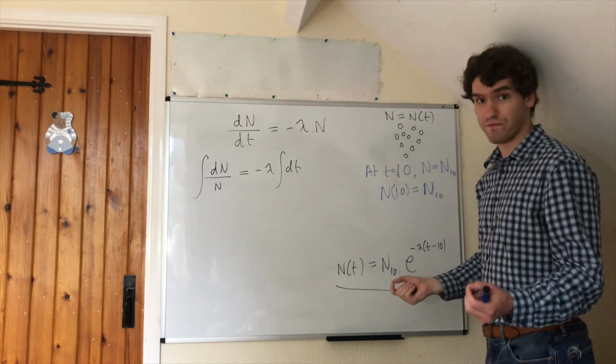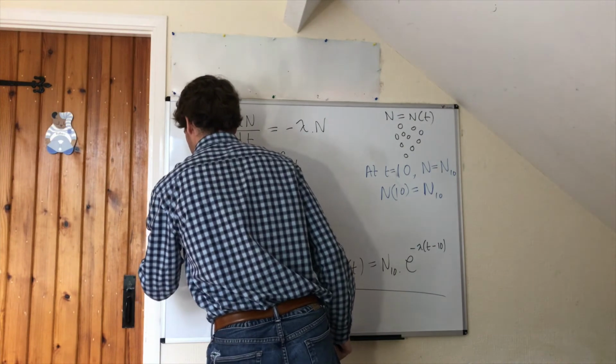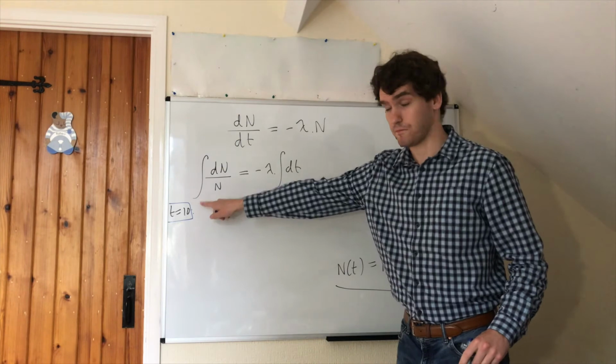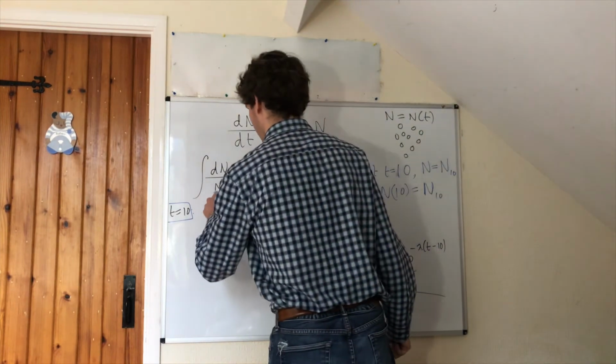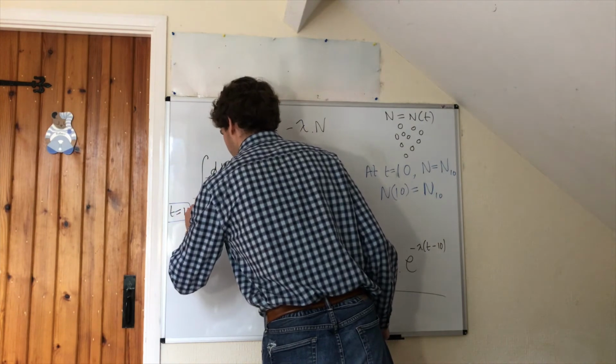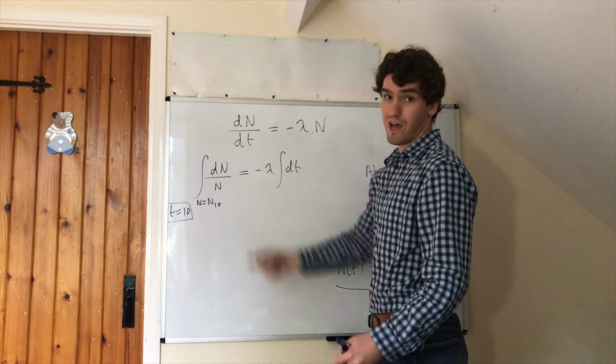So this is our known value, so this is what I'm going to put as the lower limit. So the lower limit, I'm going to evaluate everything when t is 10. So when t is 10, n is equal to n10. So I'm just going to write the lower limit on this integral will be n equal to n10. And on the upper limit, I'm just going to put n of t.